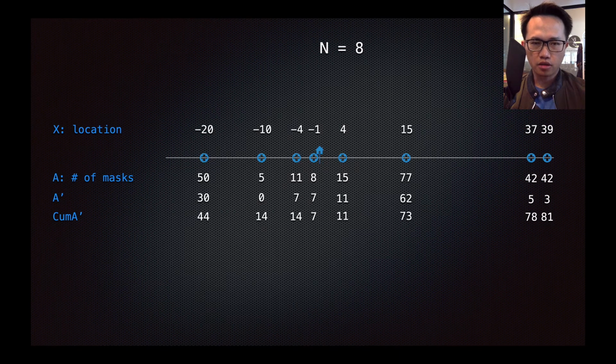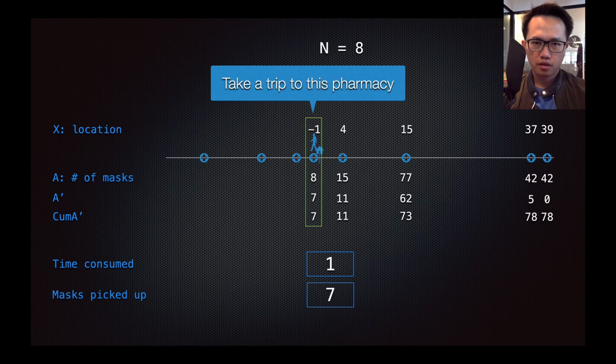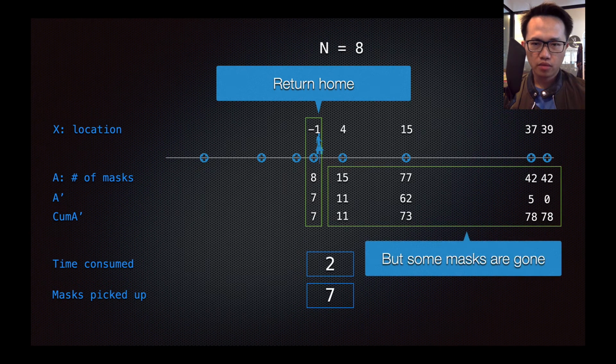So this is the graphical depiction of the problem again. That's what we started with. And let's take a trip to the first pharmacy toward the left. And then we pick up 7 masks. 1 second has elapsed. Now let's turn right back, go home. Now 2 seconds have elapsed. But then remember, some masks are gone on the right hand side.